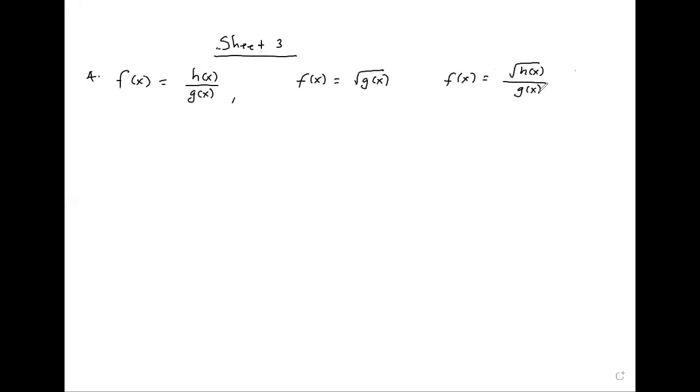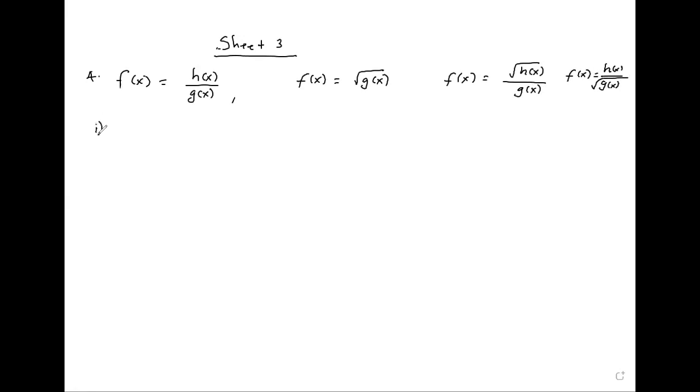We also had a function where the h up is not in the root, but the g is in the root. And we're able to get the domains of these functions. So let's see if we can apply our knowledge on question 4.